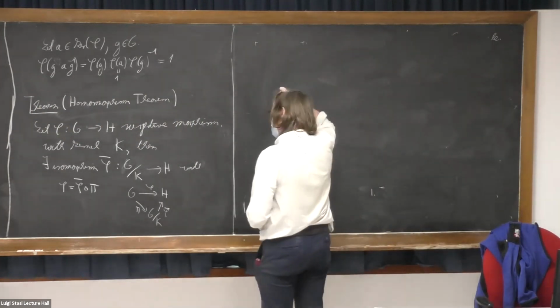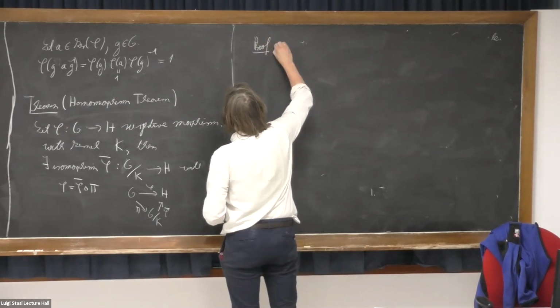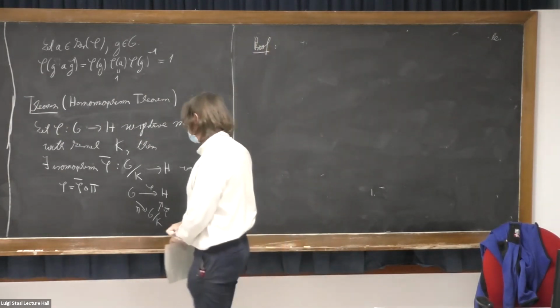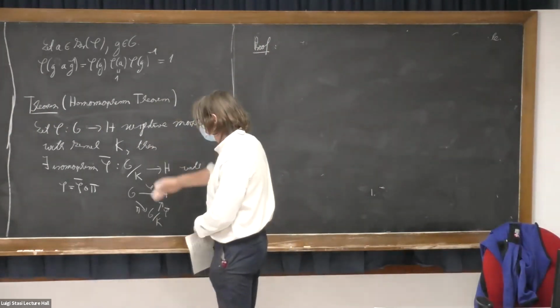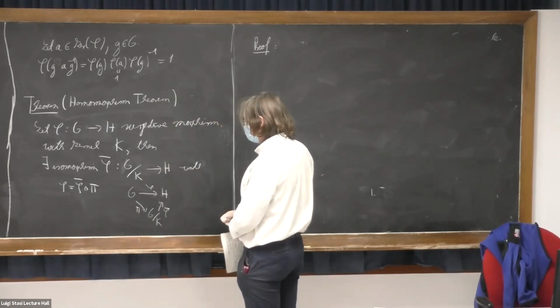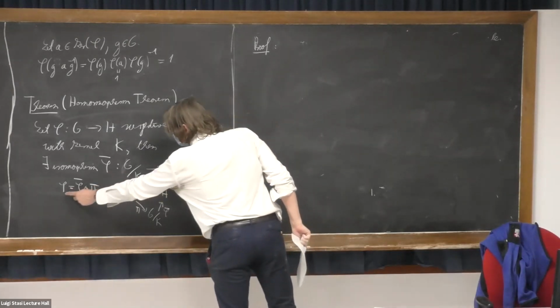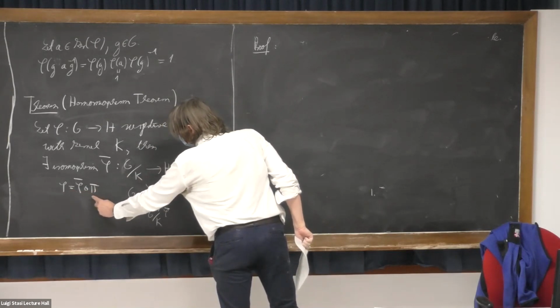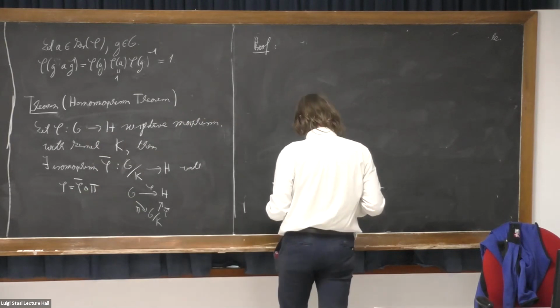So let's see. Now, in the way I stated with the previous question, it's already clear what the answer is. Namely, it said here that P should be P bar composed with pi. So this tells us precisely how this map should be defined.